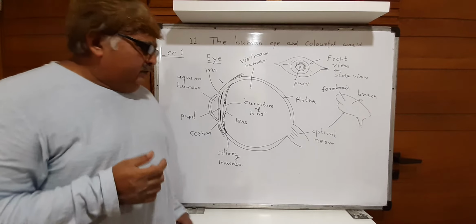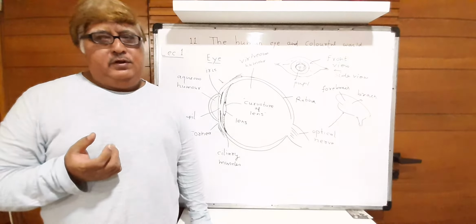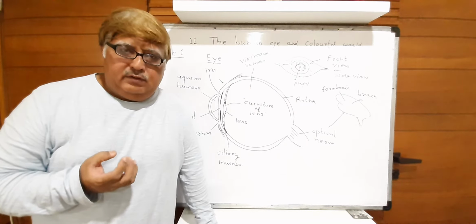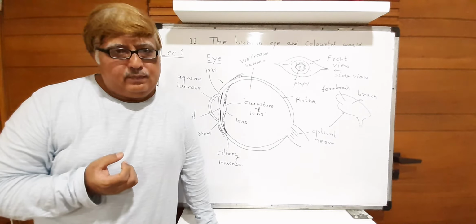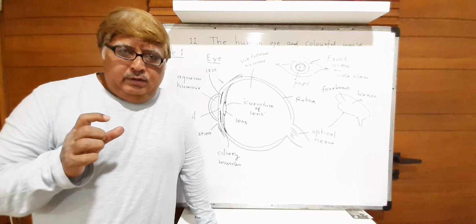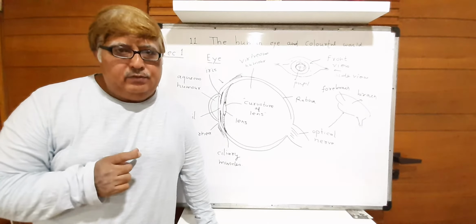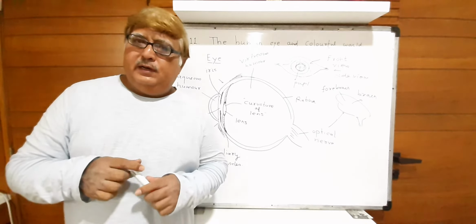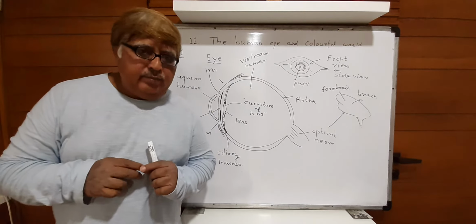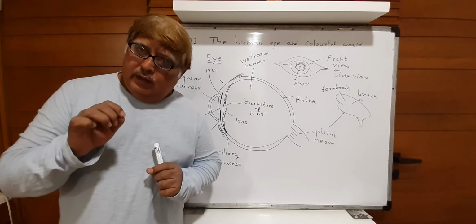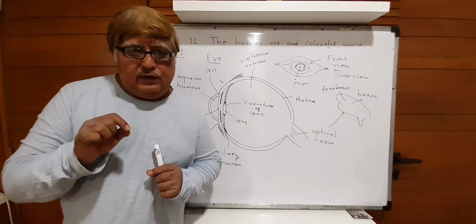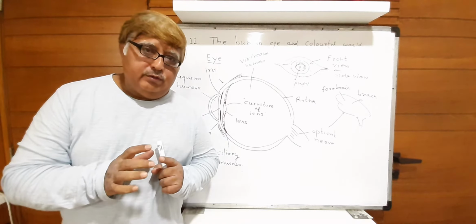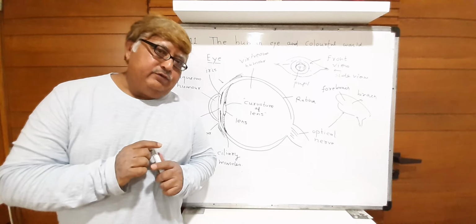Don't write this in the exam, I am just explaining. The ciliary muscle has the capacity to adjust the curvature of the lens. Sometimes we use the words that the ciliary muscle can increase or decrease the size of the lens, but actually, it has the capacity to increase or decrease the curvature of the lens.